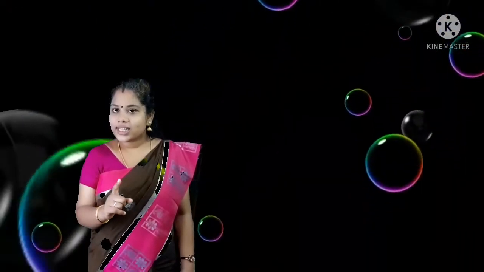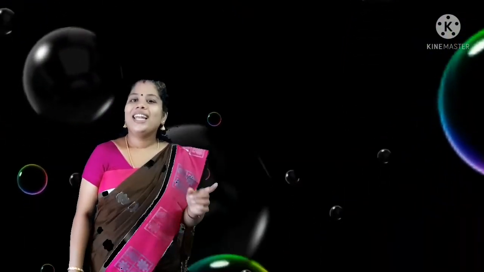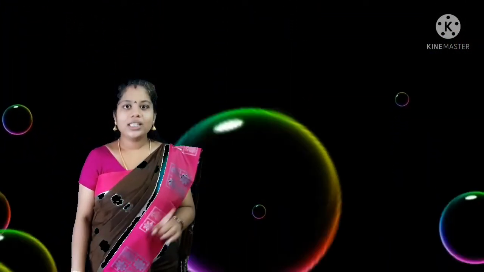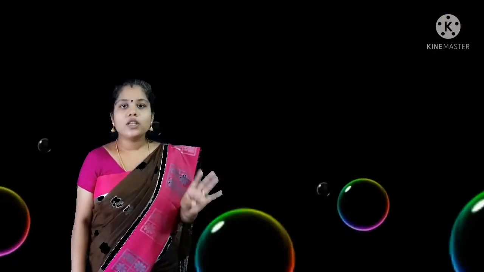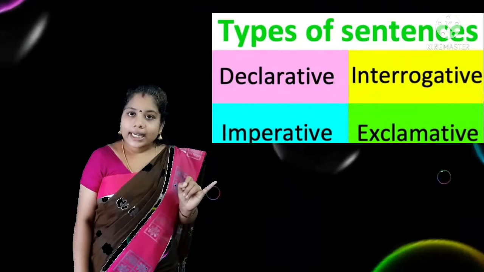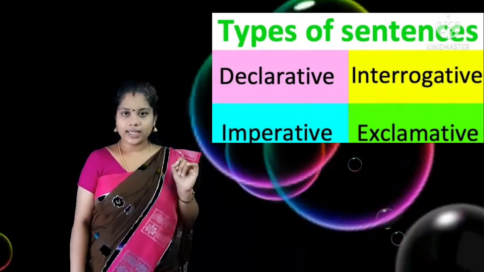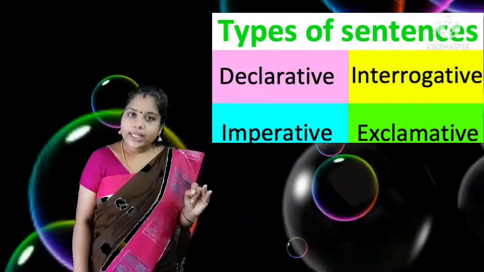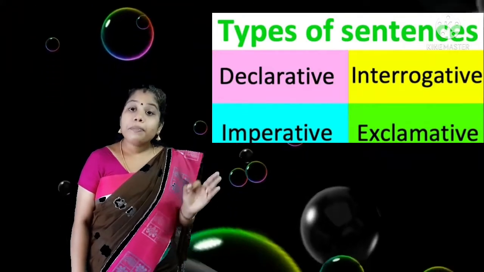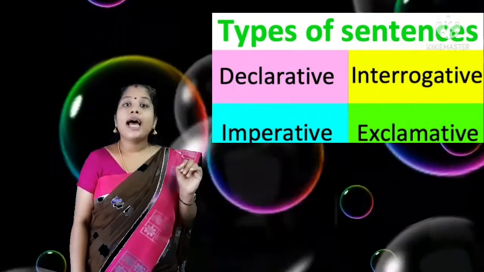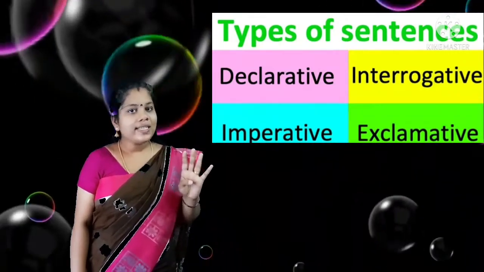There are 4 seasons in a year. Likewise, in English, there are 4 types of sentences. First one, declarative or assertive sentences, interrogative sentences, imperative sentences and exclamatory sentences.